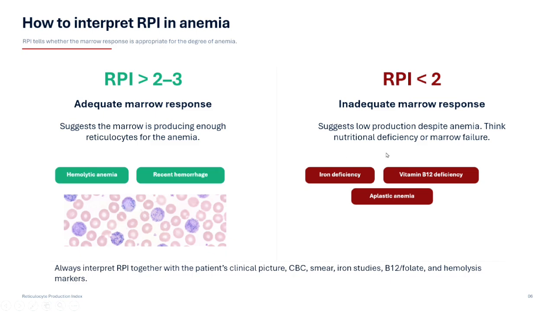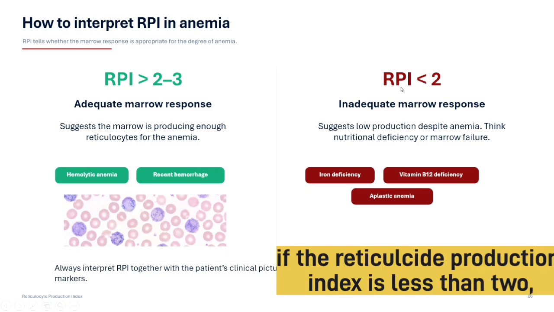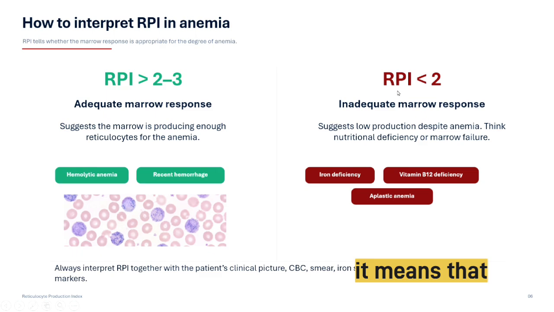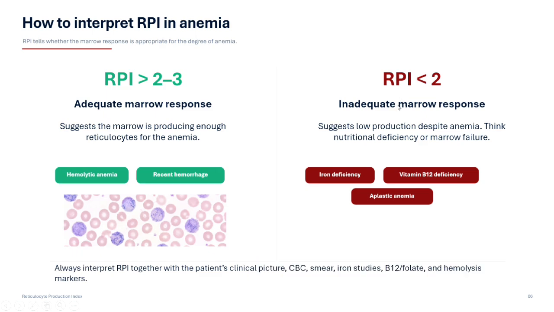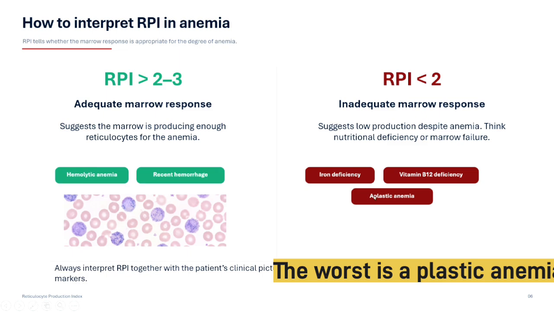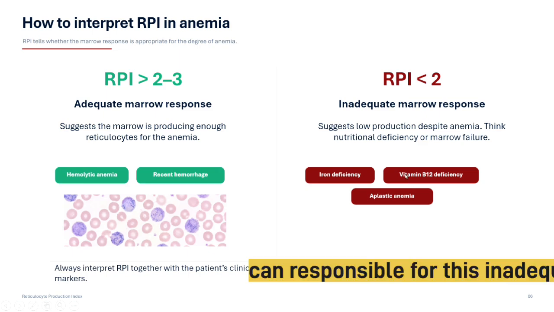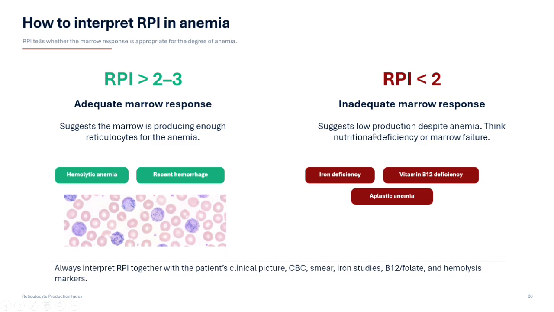On the contrary, if the reticulocyte production index is less than 2, it means that the marrow response is inadequate and you should think about various things. The worst is aplastic anemia, but also iron deficiency anemia or vitamin B12 deficiency can be responsible for this inadequate marrow response.